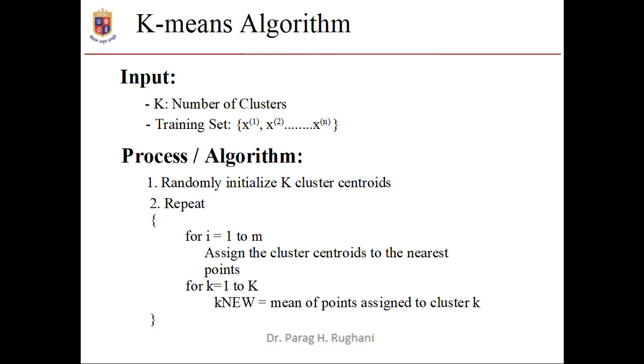Similarly, you have to repeat for all the clusters, and then again you start the loop from the beginning, where you assign the newly identified cluster centroids to the nearest points, and then again find the new cluster centroid, and you keep repeating it until the optimum results are achieved. So this is how the k-means algorithm can be implemented mathematically. In the next session, we will see the practical implementation of the k-means algorithm.